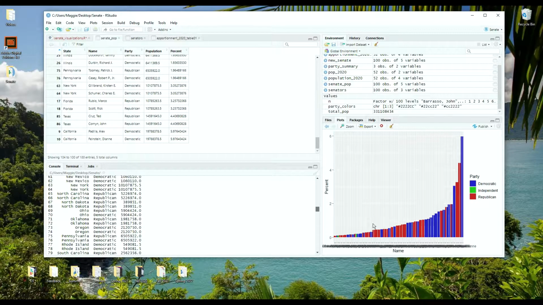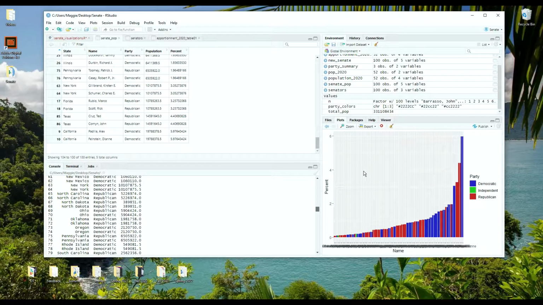We can see that there's this sort of tail of red here, and there's definitely a larger concentration of blue. So we have some populous states that just don't have the representation. They have the same representation as this tail of red.